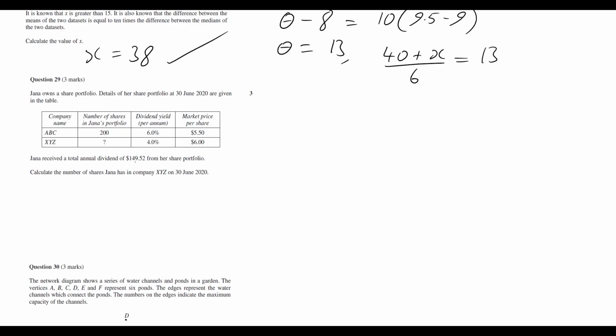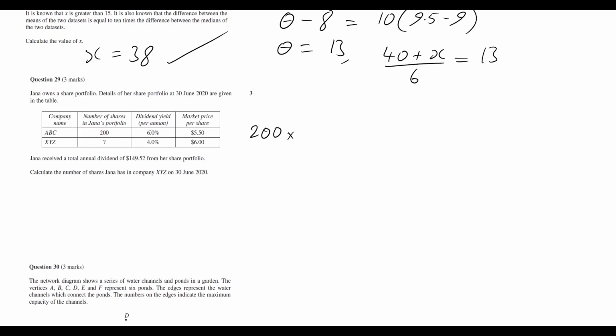Okay, so to do that, we know that the total dividends add up to 149.52. And so now what we should do is figure out the dividends from each individual stock. So for company ABC, let's figure that out. The way that we do that is simply by saying 200 times the dividend yield times the market price per share, and that gives us the dividend amount.